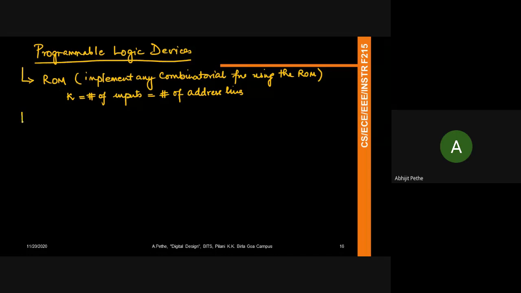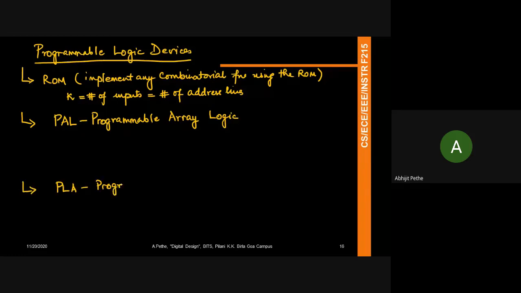The other two devices we're going to look at in this class are, one is called a PAL, or a programmable array logic, and the second one is a PLA, or a programmable logic array.